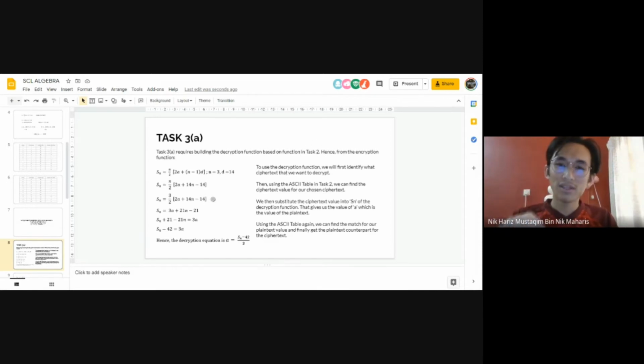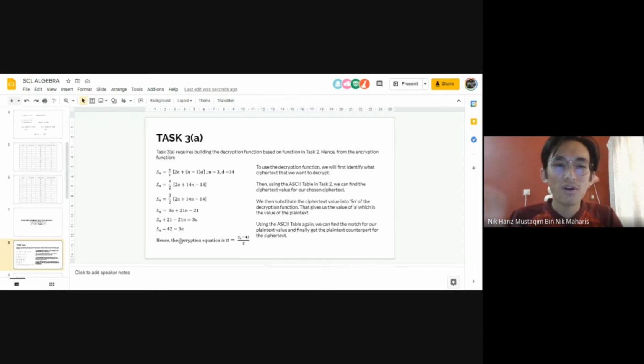The problem here is to create a decryption function from that encryption function. I put the value of n and the value of d inside the encryption function and solve it, and then I get the equation Sn equals 3a plus 21n minus 21.